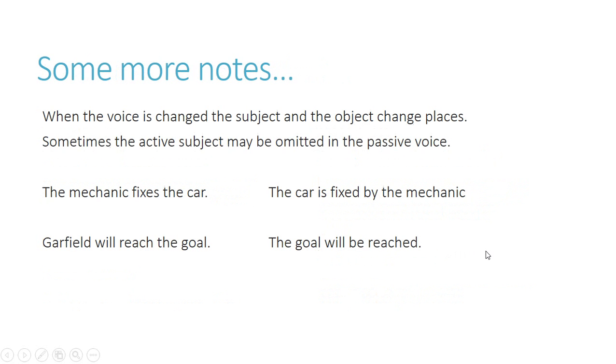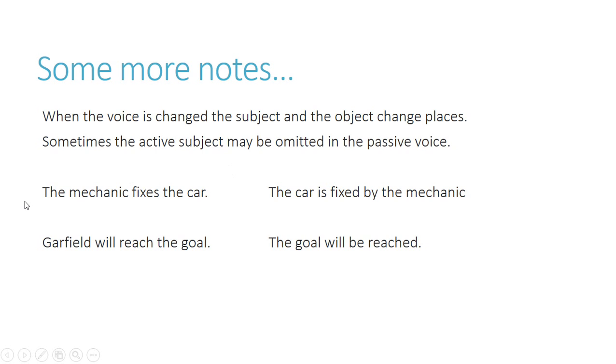Okay, there are some other things that we have to know about this, and it is that when the voice is changed, the subject and the object change places, meaning that the subject is gonna take the place of the object and vice versa.